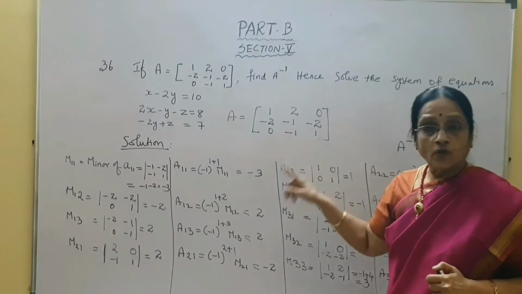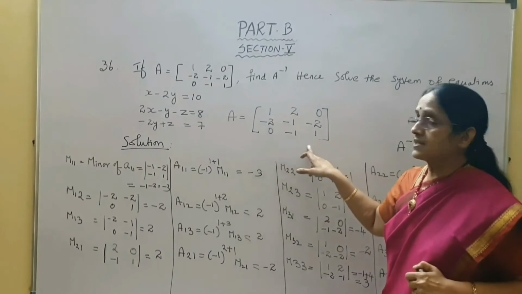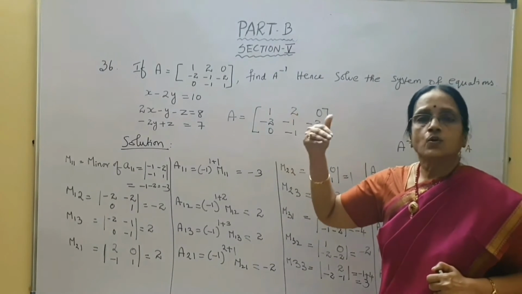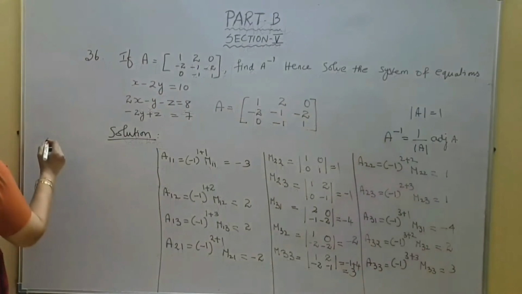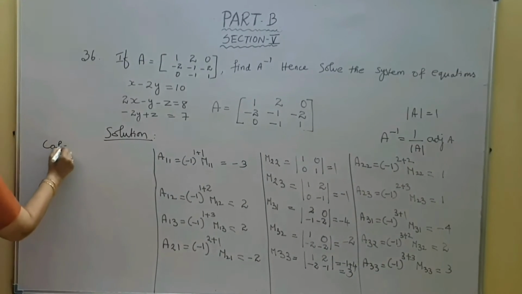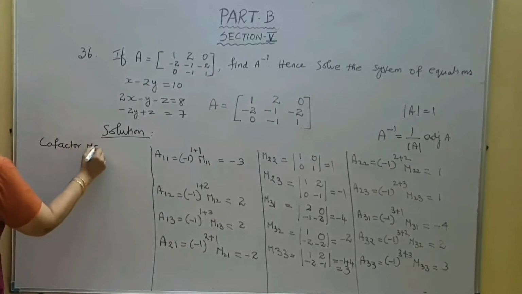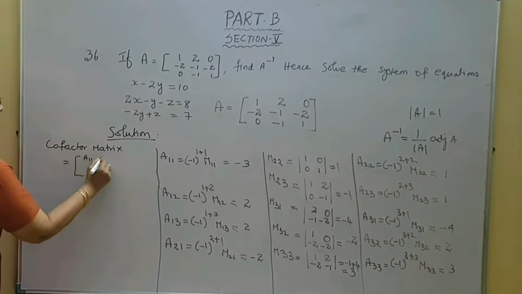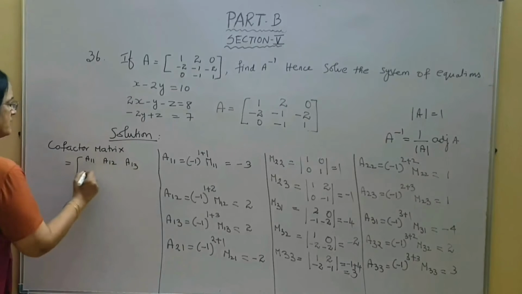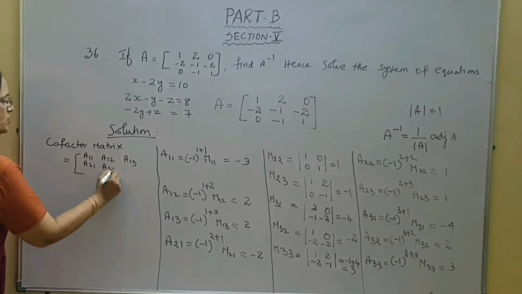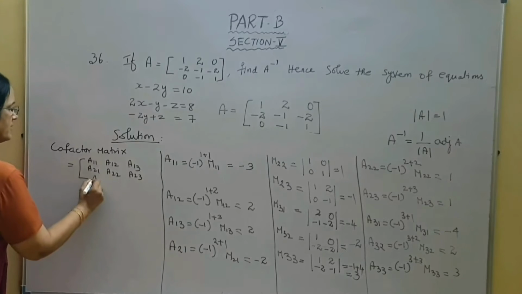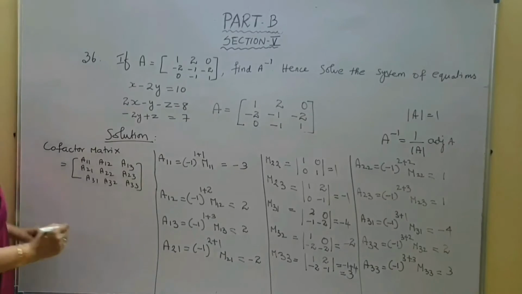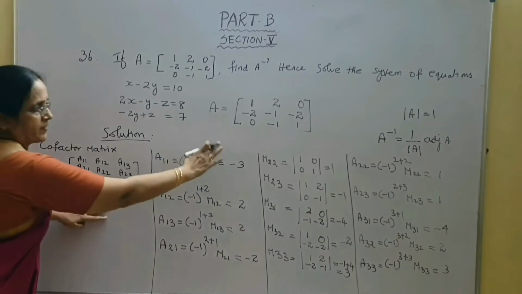Now I got the cofactors of all the elements of the matrix A. Now it is easy for me to write the cofactor matrix. Cofactor matrix is of the form A11, A12, A13, A21, A22, A23, A31, A32, A33. Now let us substitute the values from here.